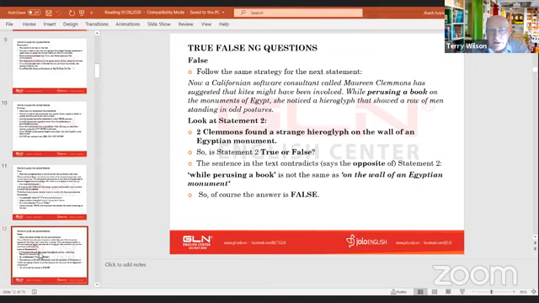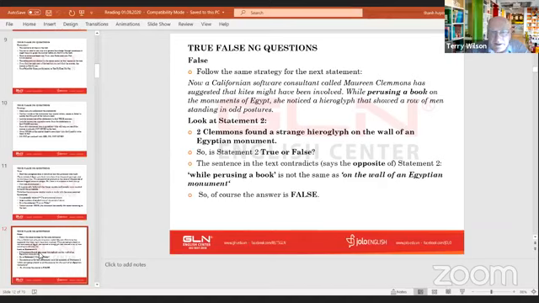While perusing a book on the monuments of Egypt, she noticed a hieroglyph that showed a row of men standing in odd postures. So look at statement 2. So Clemens found a strange hieroglyph on the wall of an Egyptian monument. So is statement 2 true or false?